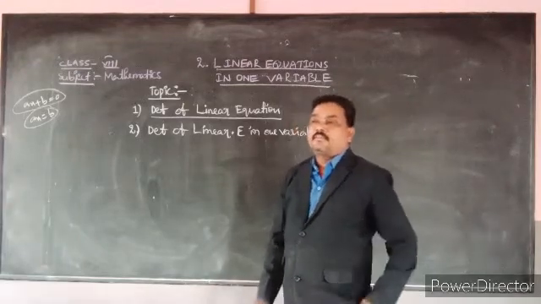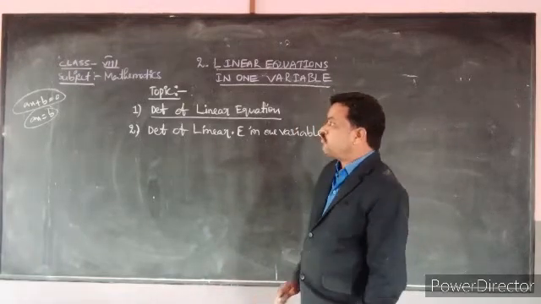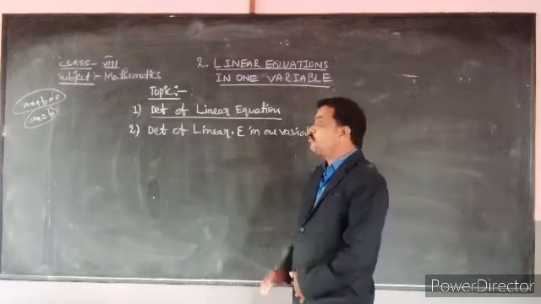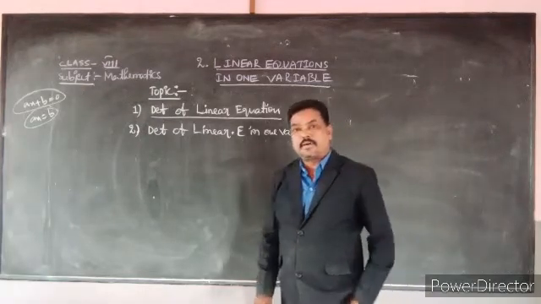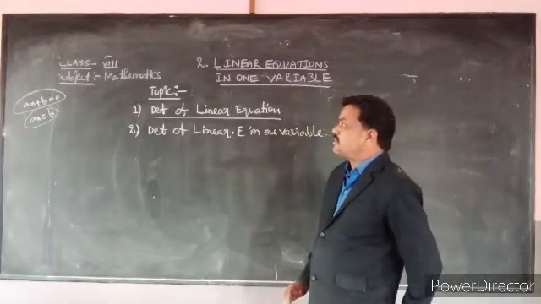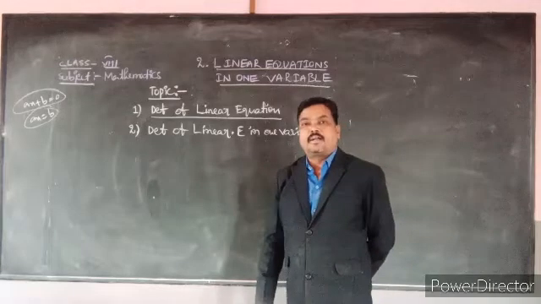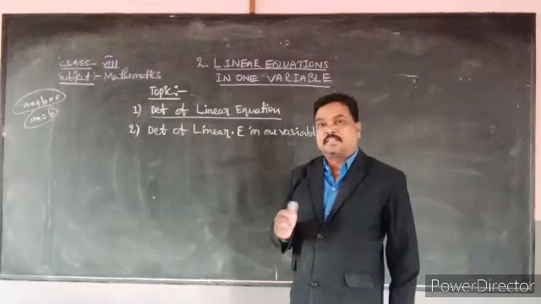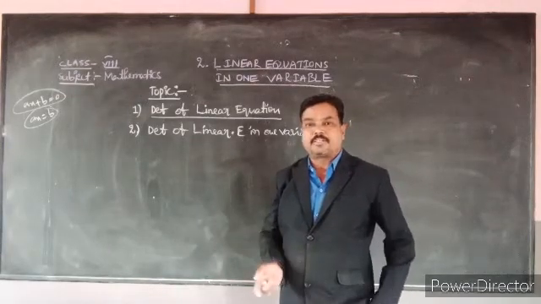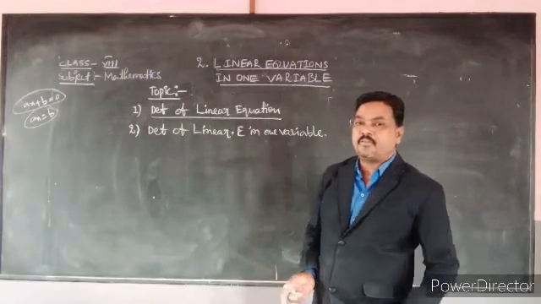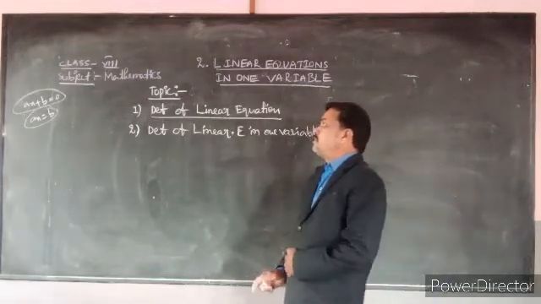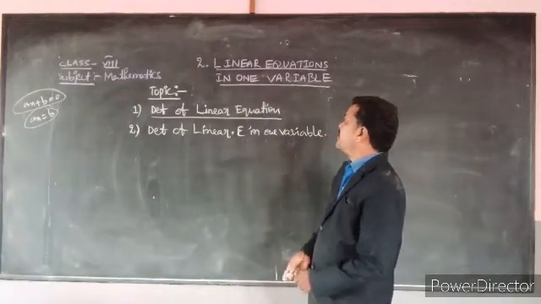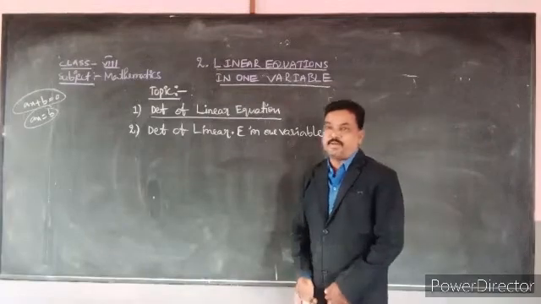In that, how to identify the rational numbers and how to plot the rational numbers on the number line, how to change the rational numbers into terminating and non-terminating recurring decimals, then how to convert the terminating and non-terminating recurring decimals into rational number form. Today we are going to discuss the chapter linear equations in one variable.